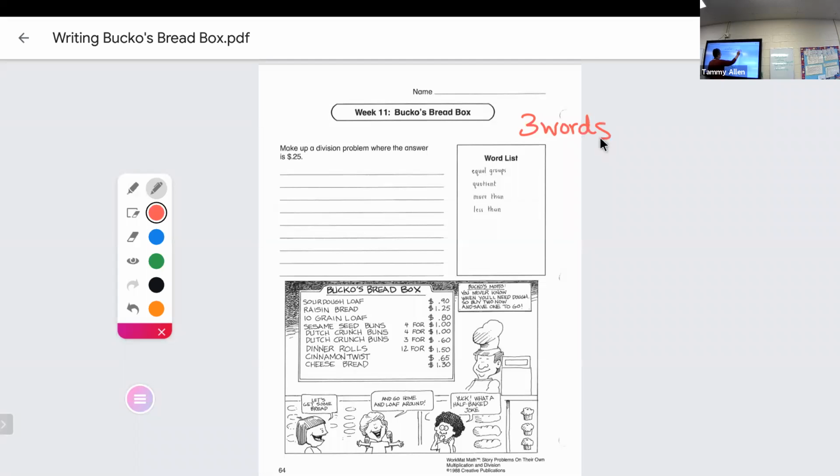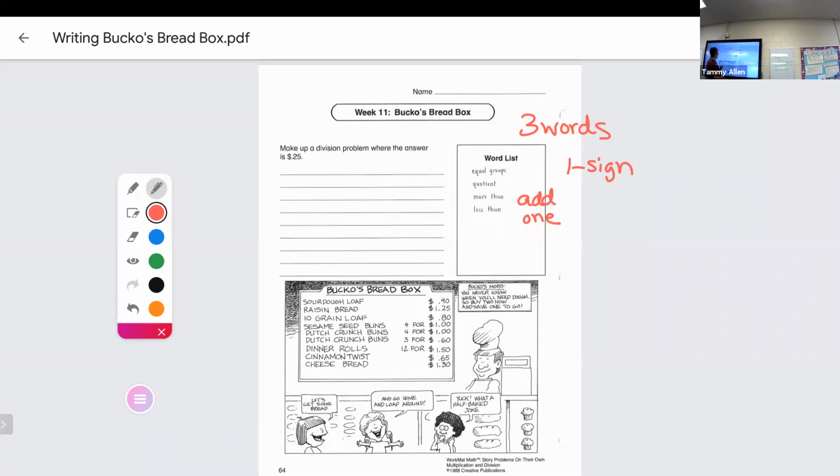One of them can come from the sign. You may add one onto here that you might think is doable that we'd use for division.